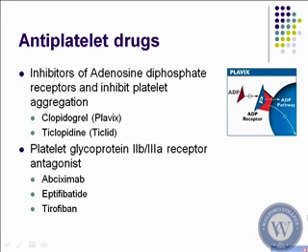The antiplatelet drugs that you can use are inhibitors of adenosine diphosphate receptors, and they inhibit platelet aggregation. They are things like Plavix or ticlopidine, which is Ticlid. Okay? Clopidogrel is Plavix. Okay? So the way these drugs work is they bind and basically inhibit platelet adhesion.